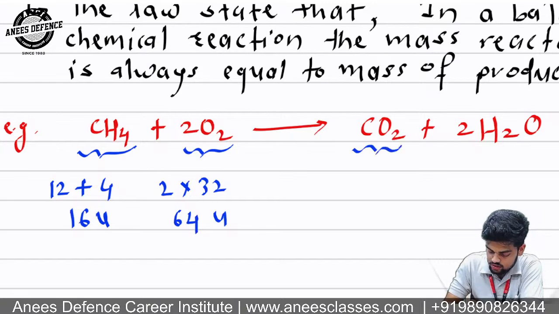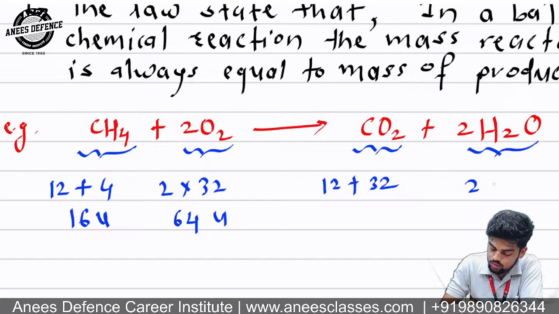Similarly, the mass of CO2 molecule is 12 U for carbon and 32 U for oxygen. Similarly, for water, there are 2 moles of water molecules and the mass of one water molecule is 18.